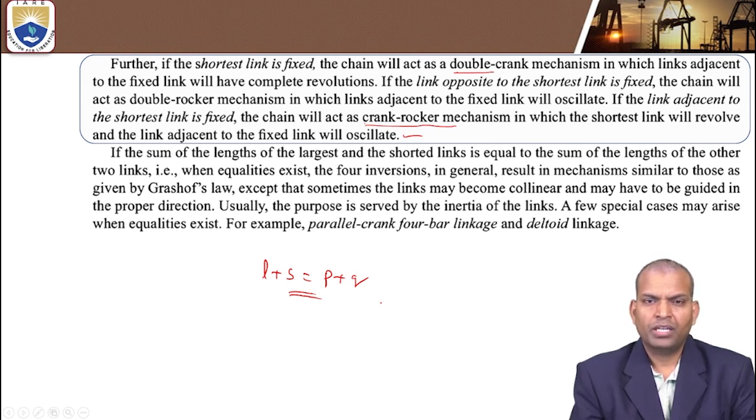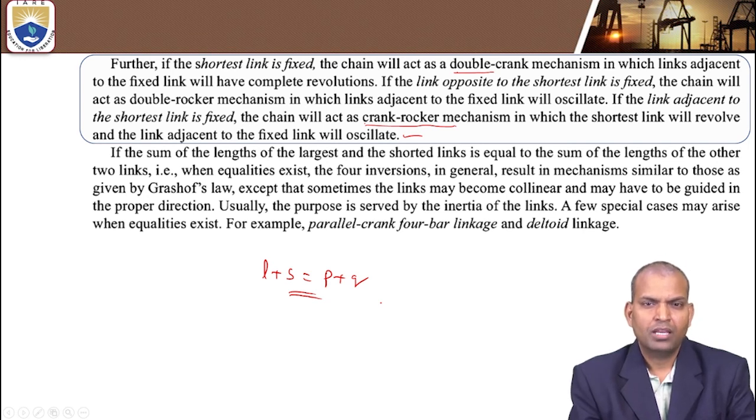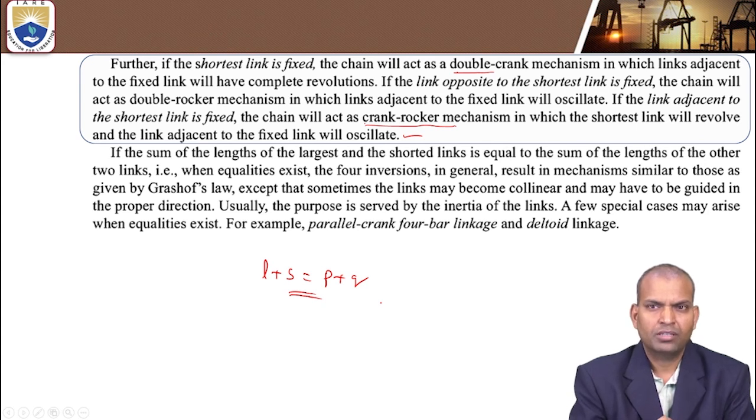If the sum L plus S equals P plus Q, equalities exist among the links, and those inversions are called parallel crank four-bar linkage and deltoid linkage. The application of the parallel crank four-bar linkage is in locomotive trains.